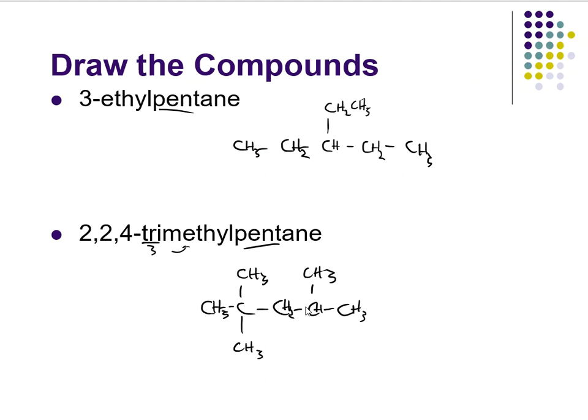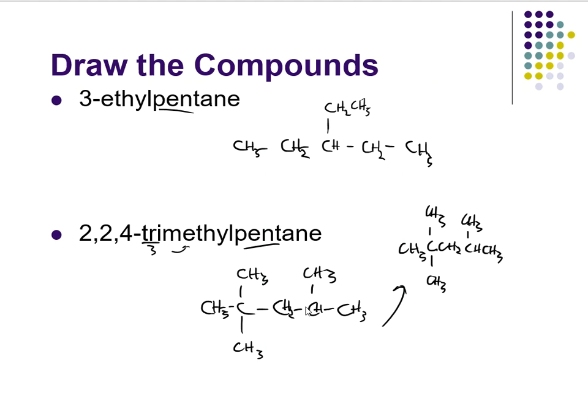It looks a little dirty and nasty. I can clean this up a little bit if I want. I can rewrite it and just not draw the bonds. So in the main chain, here's CH3. There's a carbon with a methyl down and a methyl up. And then CH2, CH with a methyl up, and then CH3.